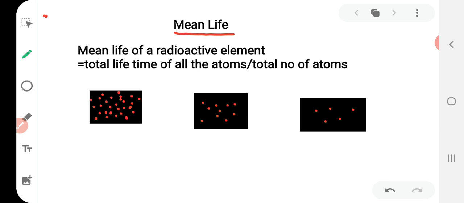So atoms disintegrating first will have a lifetime of 0, and atoms disintegrating last will have infinite lifetime. That is, the lifetime of the sample varies from 0 to infinity, and for every atom the lifetime varies from 0 to infinity.